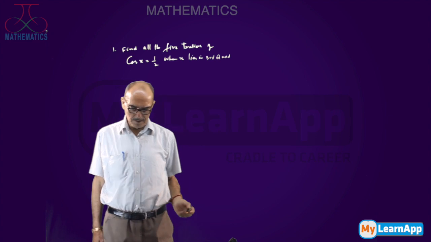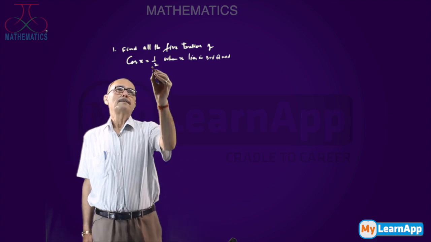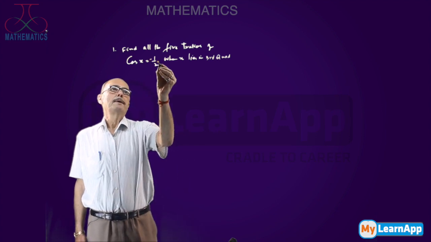And in third quadrant the value of cos x is negative here, minus 1 by 2.